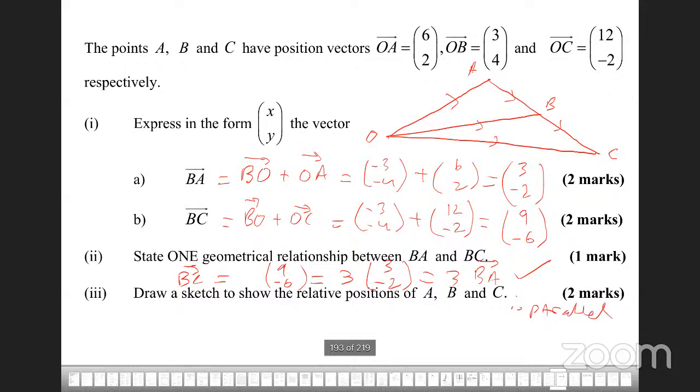Draw a sketch to show the relative positions of A, B, and C. So they probably want you to do it on graph paper. But could you do me a favor and check and see the collinear? What was AC?